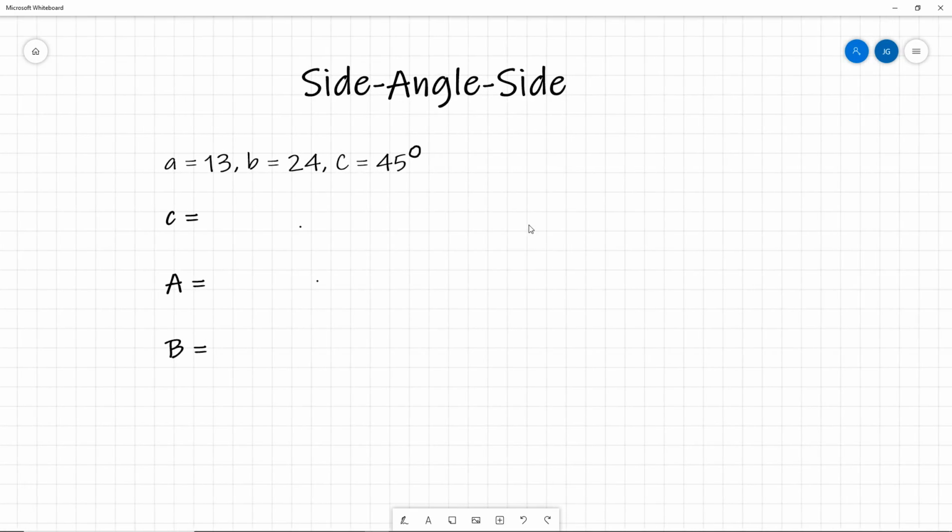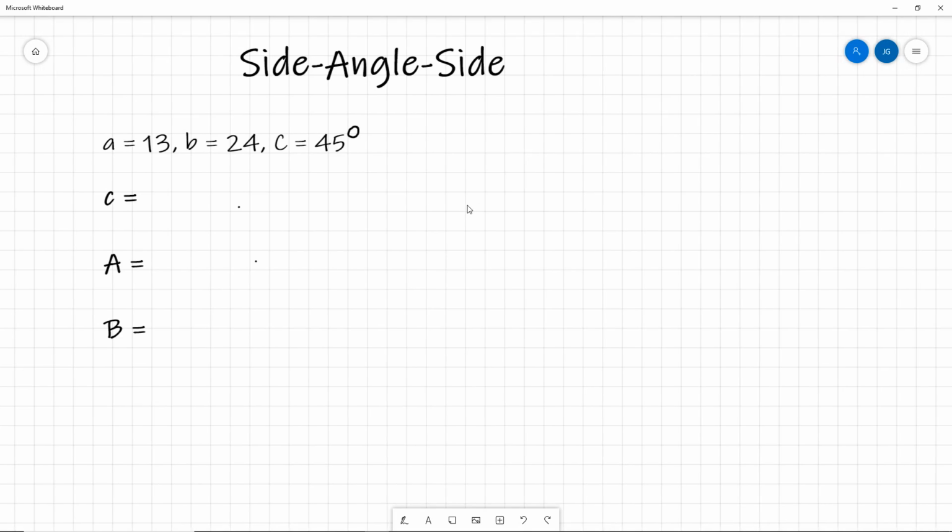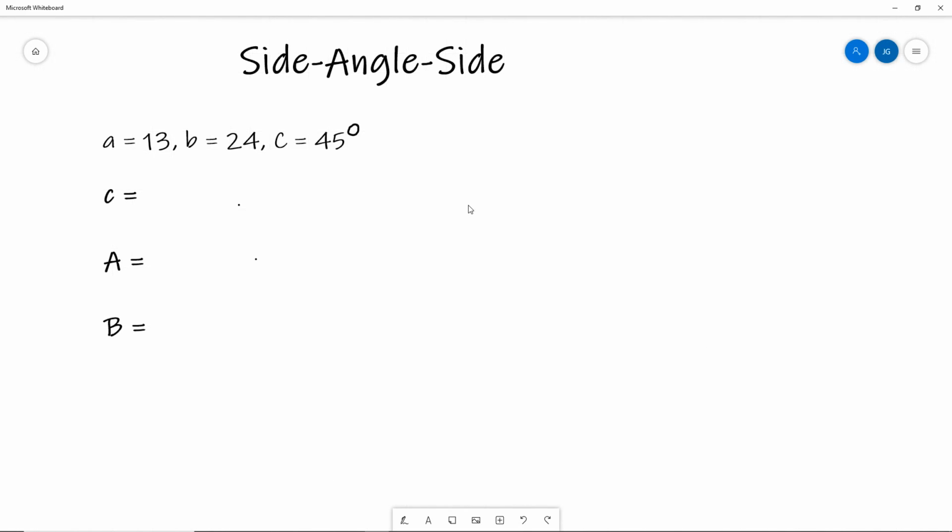Now, what if we have two sides and the angle in between them? Well, in this case, we are going to want to use the law of cosines to solve for that first side first. So we're going to use the standard form of the law of cosines here. Here I am told that side A equals 13 in length, side B equals 24 in length, and I have the angle in between them, which would be angle C, is 45 degrees.